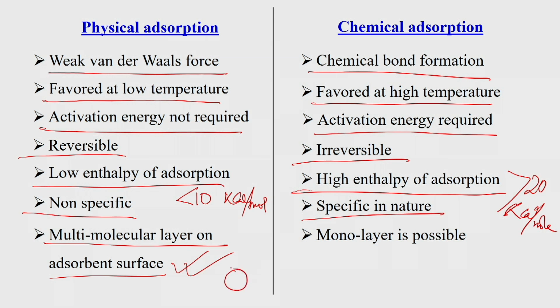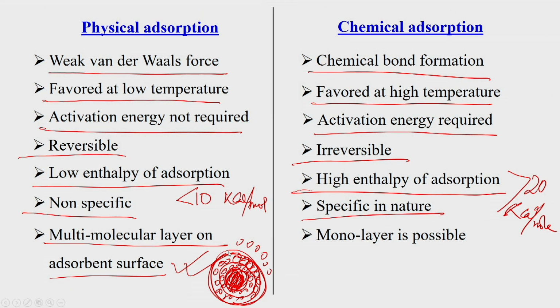Suppose this is initially the adsorbent, and then a new layer of adsorbate is there and is acting as the new adsorbent for the others, then these will be formed like this, layer by layer, because these are due to the intermolecular force of attraction. So both the actual adsorbent plus the layer will be acting as the new adsorbent for the other molecules like this.